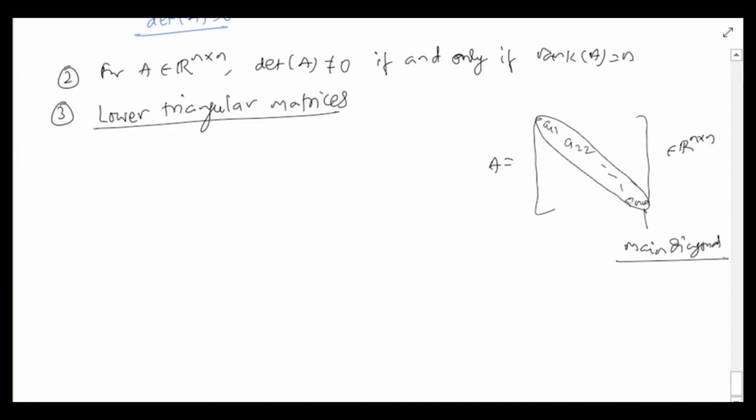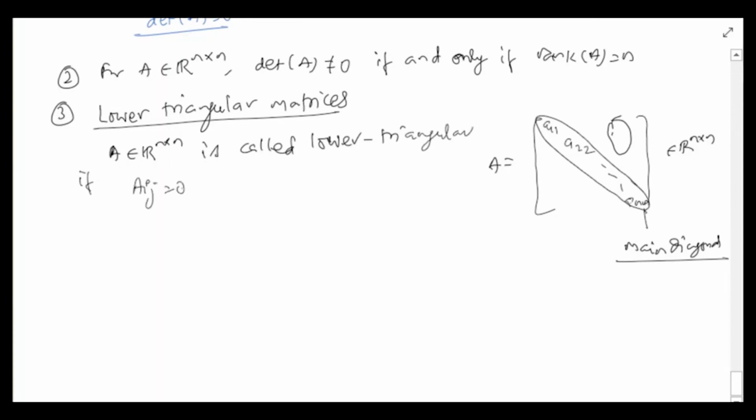The matrix is called lower triangular if all the entries above the main diagonal are 0. So if all these entries are 0, then A is called lower triangular. More precisely, A, that is n cross n matrix, is called lower triangular if Aij is 0 for all i less than j. We can similarly define upper triangular matrices.